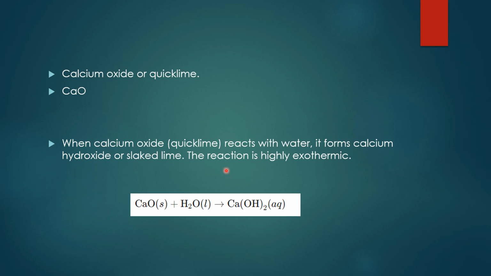And this reaction is highly exothermic in nature. It will cause a rise in temperature. Okay. So the equation we can write: CaO, that is calcium oxide, plus water, H2O. This is in solid state, this is in liquid state. It gives calcium hydroxide, Ca(OH)2, aqueous. Why do we write aqueous? Because it is in the form of a solution. So this is the answer for the first question.